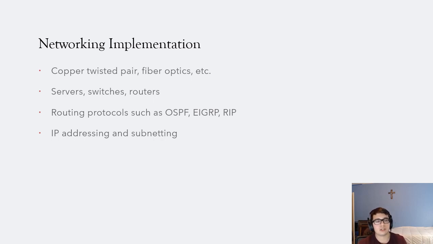Routing protocols such as OSPF, EIGRP, and RIP. I'm not going to go into too much detail on what each of those routing protocols are, but for the sake of this presentation, a routing protocol is like the logic that the switches and the routers all use in order to redirect your traffic in the most efficient manner possible.